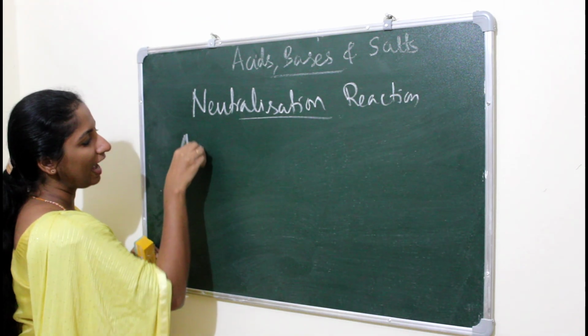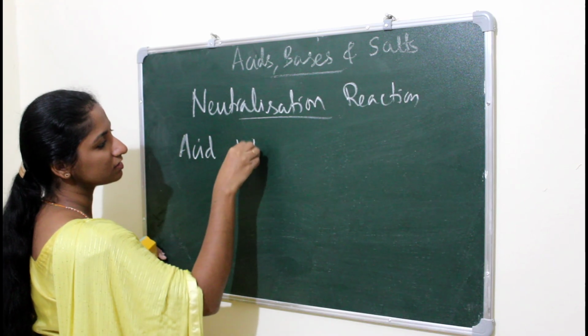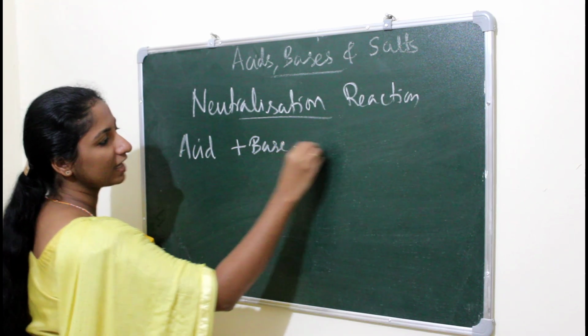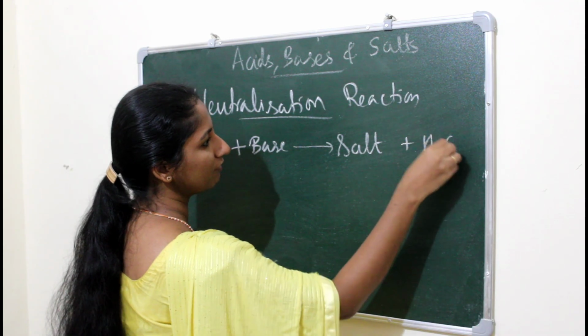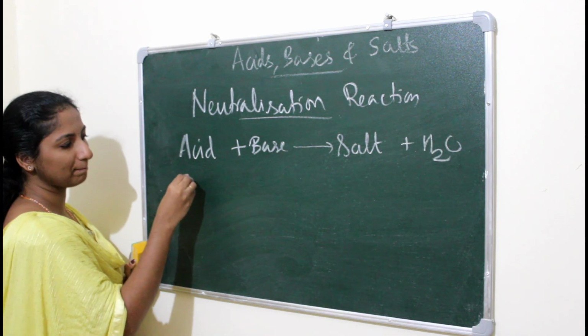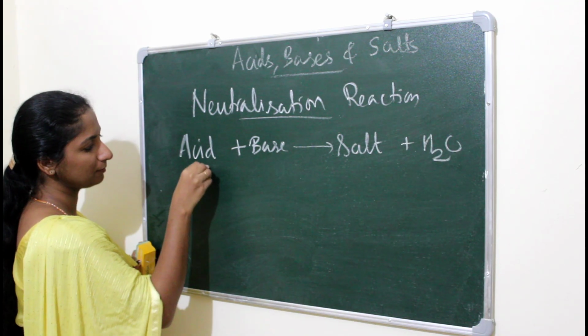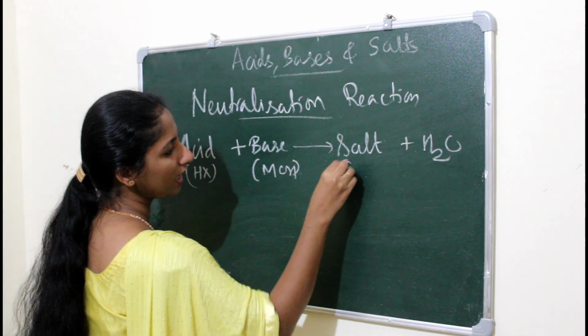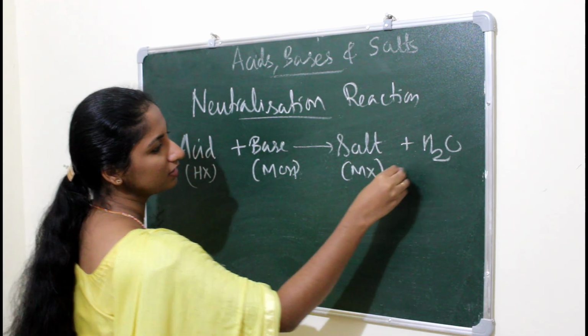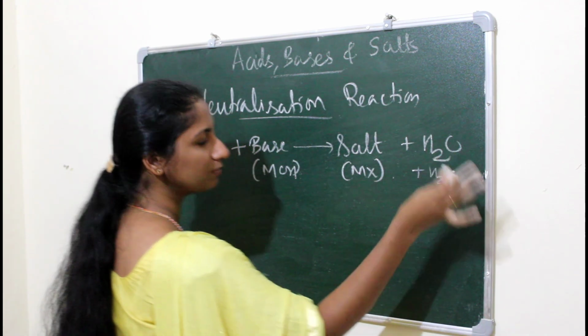Reaction between an acid and base, which gives a salt and water, right? And we can write this acid as HX and this base as MOH, and we are getting MX as the salt and water as the byproduct.